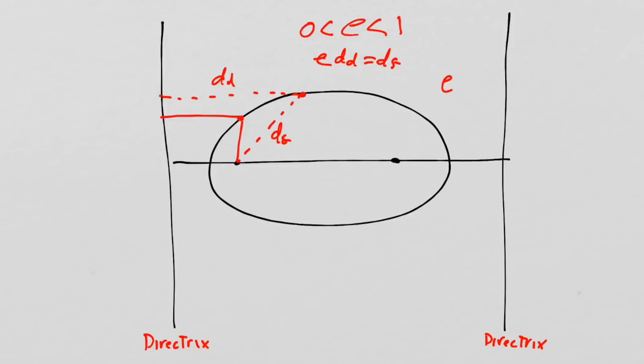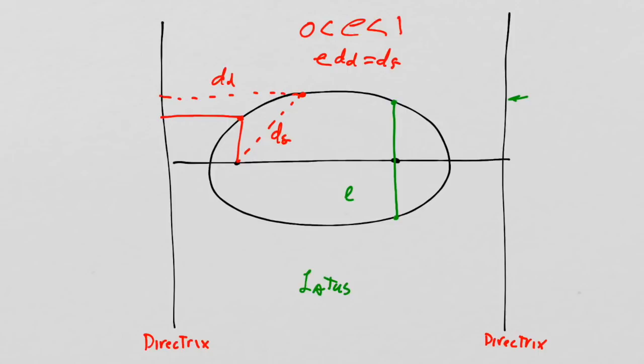The key dimensions for an ellipse are actually the ones we're probably most interested in right now. A line that's parallel to the directrix and goes through the focus will intersect the conic section at two points. The length of that line is L, and that is called the latus rectum.